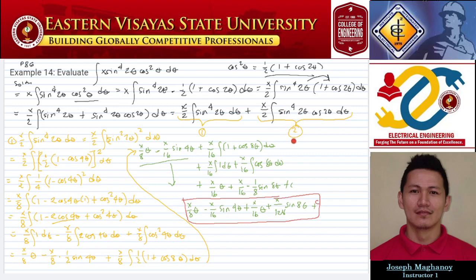We still need to combine things. We can combine these two since we have a common term: 1 over 8 plus 1 over 16, times x, so 3 over 16 constant x, of course with your theta.